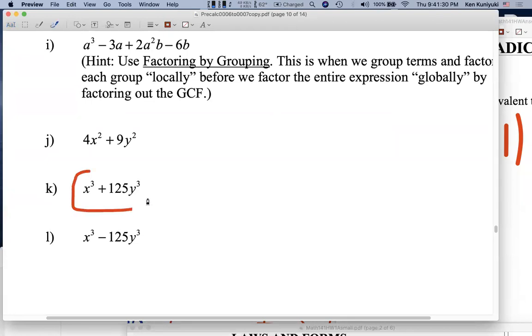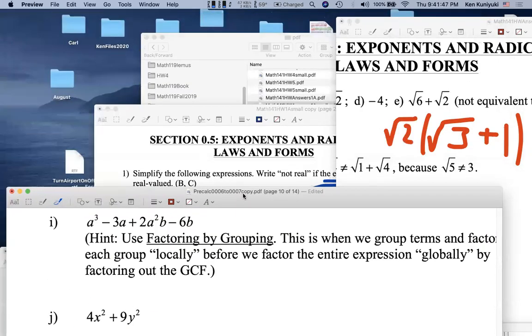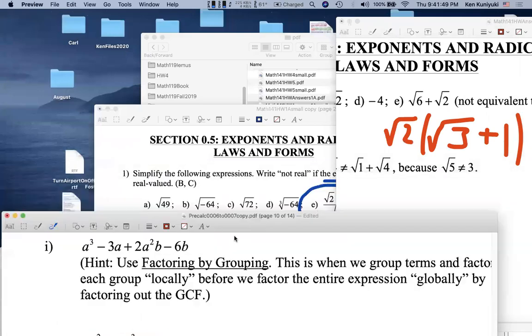How do you factor x cubed plus 125y cubed? X cubed is a nice cube, and you might recognize that 125y cubed is a nice cube. So what's the deal here?